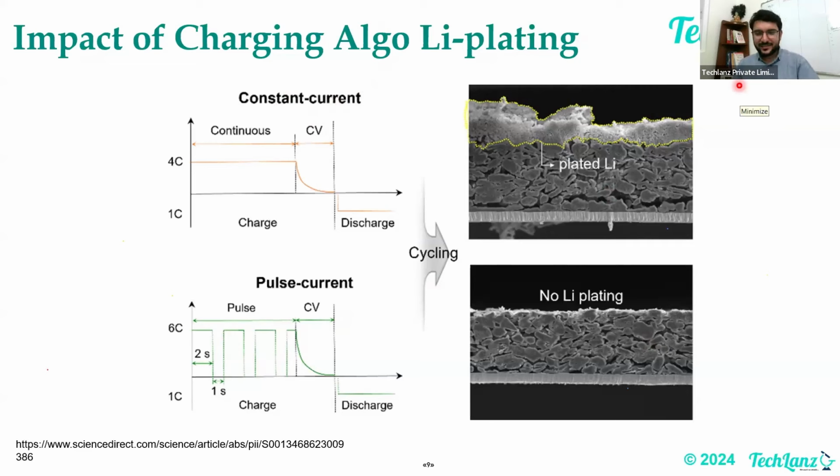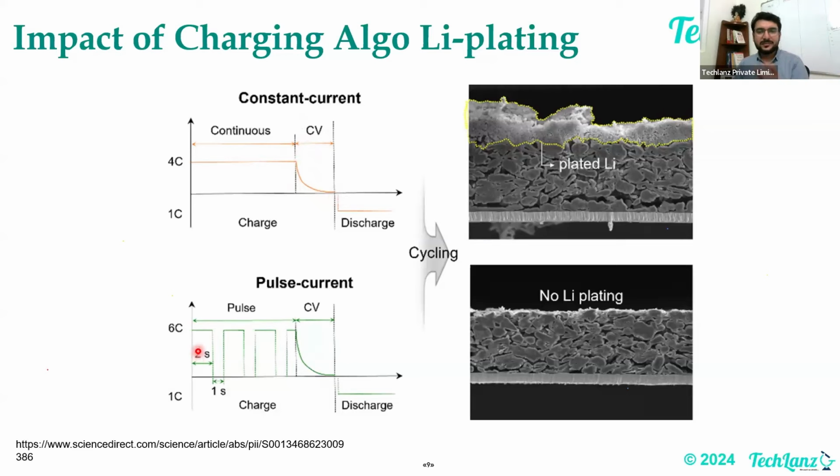Okay, what is pulse charging? I have not covered it, let me cover it. In pulse charging, you give a pulse of current. In CCCV charging, you give a constant current for a long period of time, up to 90% SOC level, say constant current of 4C or 1C, whatever, and then you give CV. In pulse charging, you don't give a constant current.